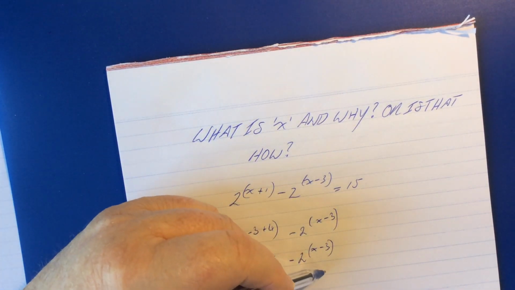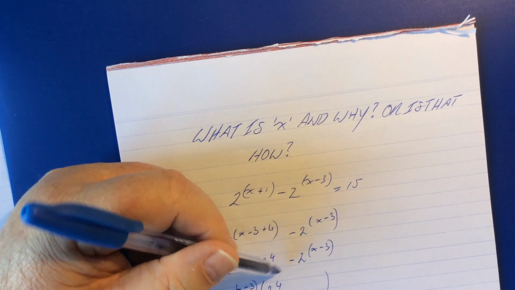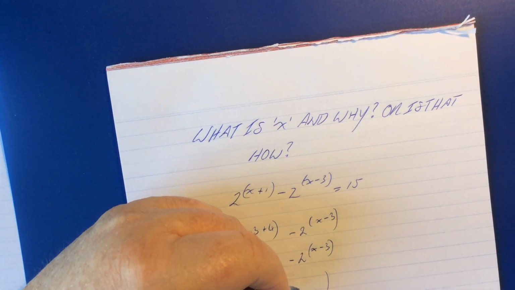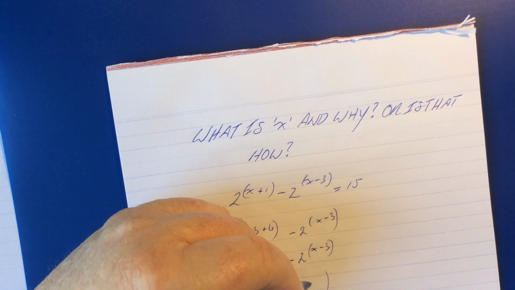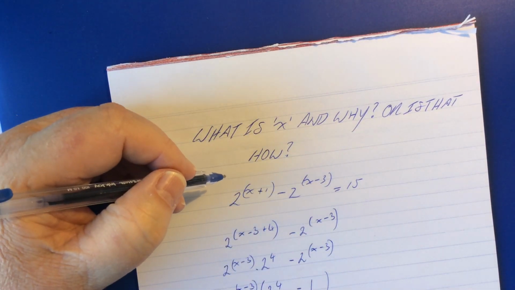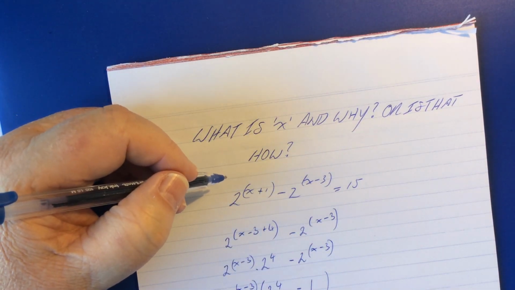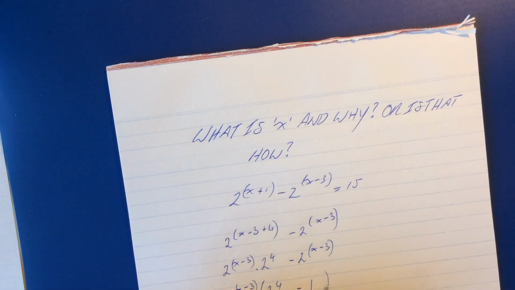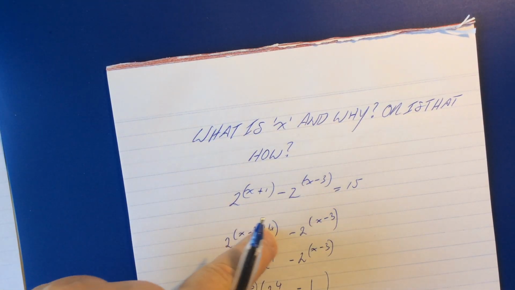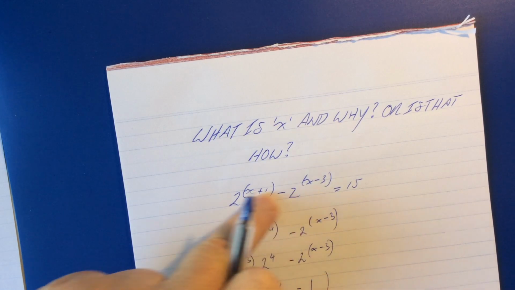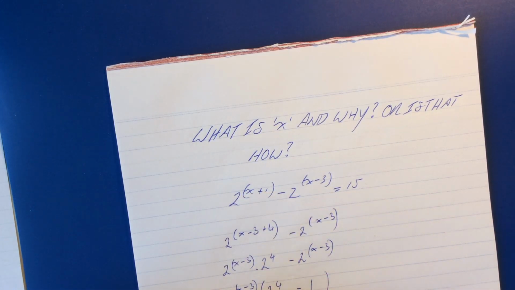Now, what do I have to multiply this by to get that? Minus 1. Okay, so I have completely restated this part of the equation in this form.